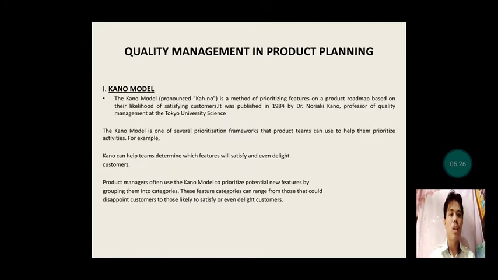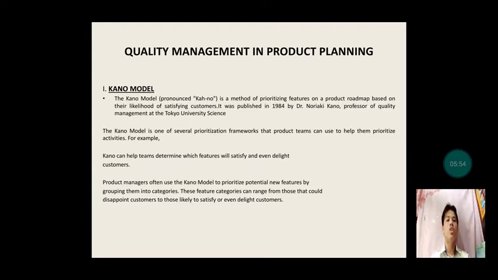The Kano model can also help teams determine which features will satisfy and even delight customers. Product managers often use the Kano model to prioritize potential new features by grouping them into categories. These feature categories can range from those that could disappoint customers to those likely to satisfy or even delight the customers.